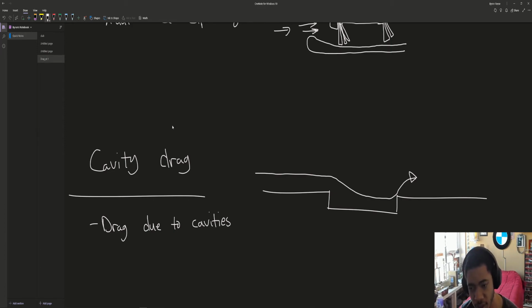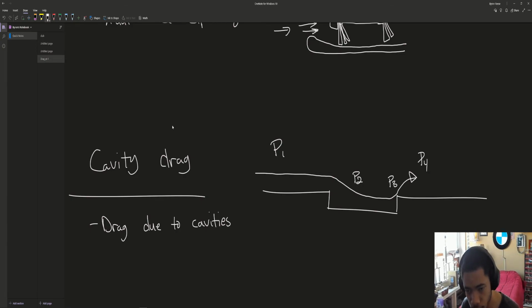Also, as it hits here, it has essentially another stagnation point, and not really, but it's going to create an increase of pressure as it hits here, because the flow is going to immediately slow down due to it now having a vertical component. And so you have some pressure 1 here, pressure 2 here, pressure 3 here, pressure 4 here.